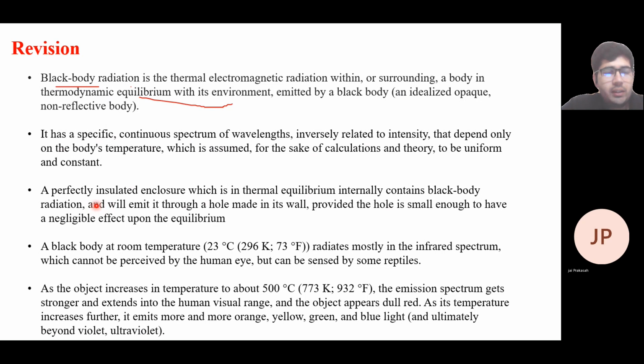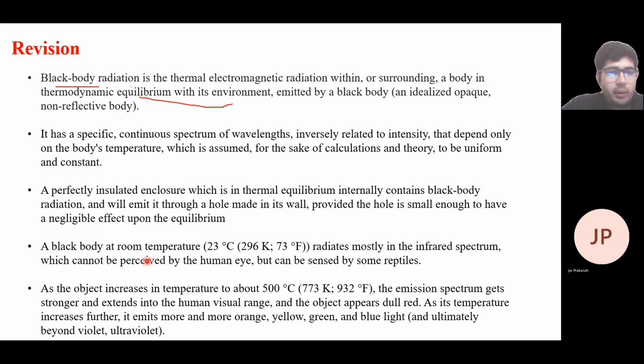Basically, you can make a small enclosure that is perfectly insulated, with only one small opening, and it is considered in thermal equilibrium. The radiation will come through that one opening only.